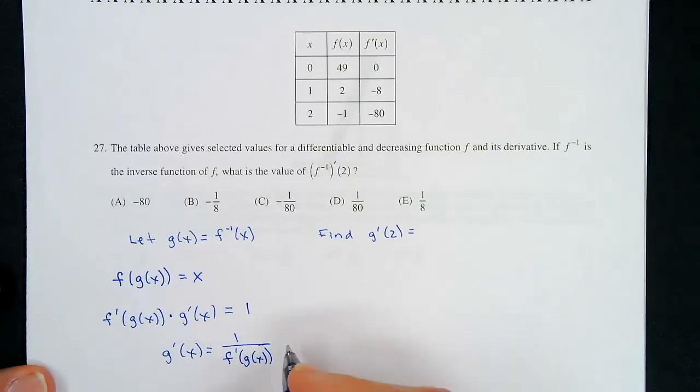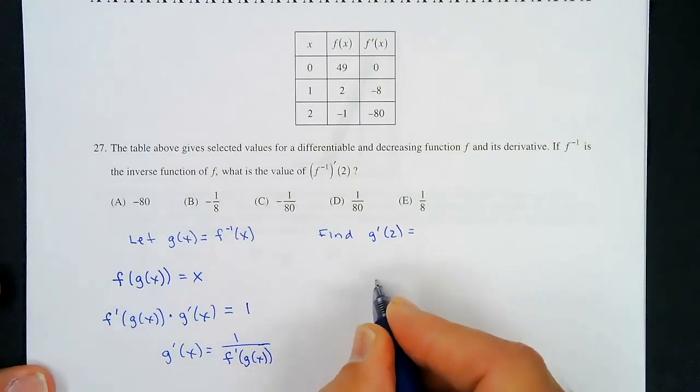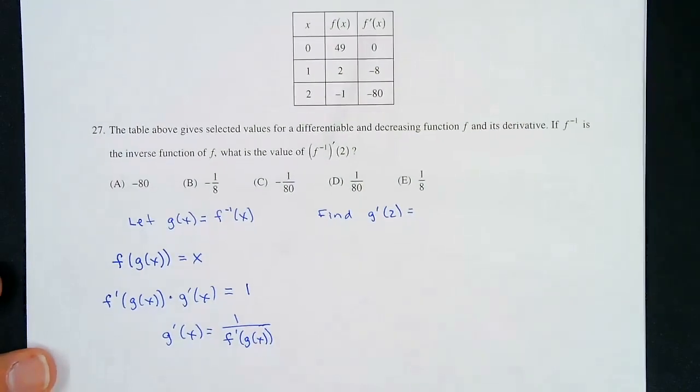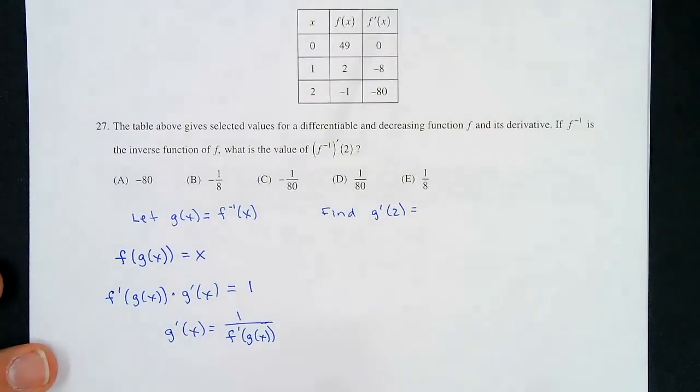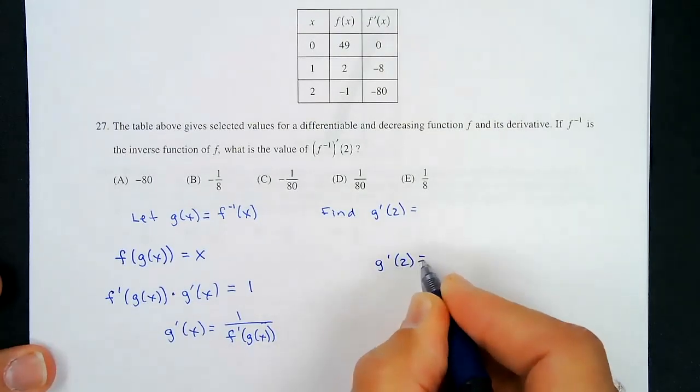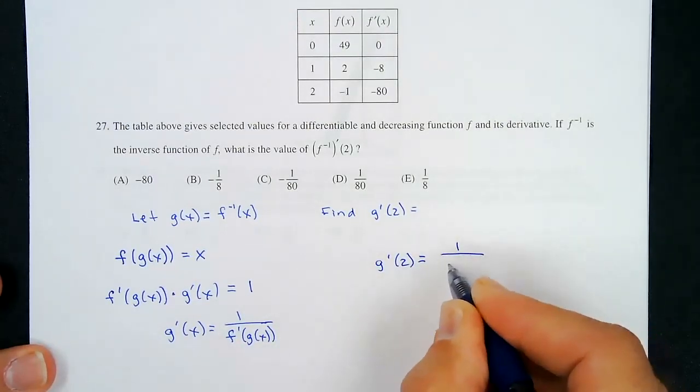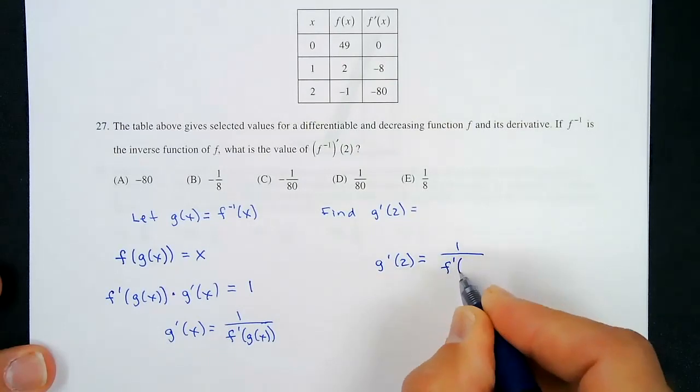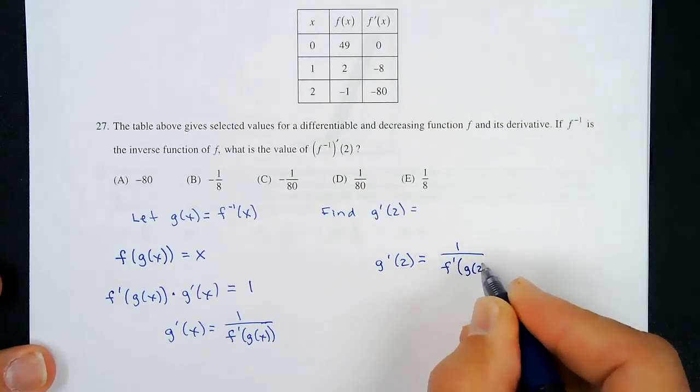Okay, so if we want to find, let me slide it up just a little bit, g prime of 2, that is equal to 1 over f prime of g of 2.